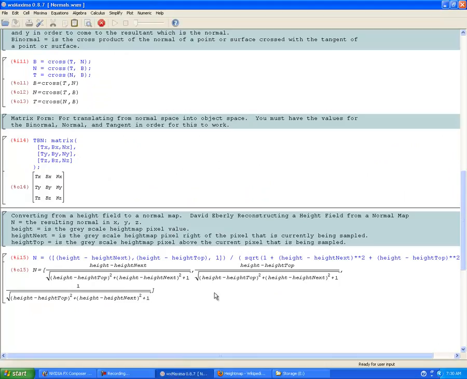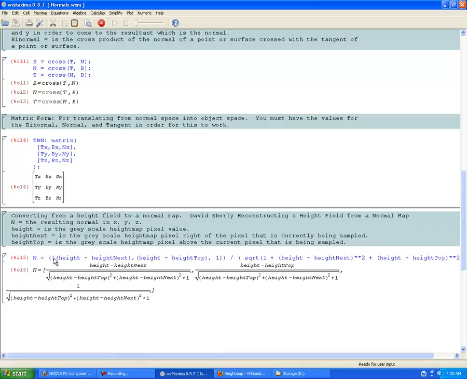So that's what we're doing here. Height next is going to be the right-hand side pixel on your height map. And then height top is going to be the pixel above the current pixel you're sampling.